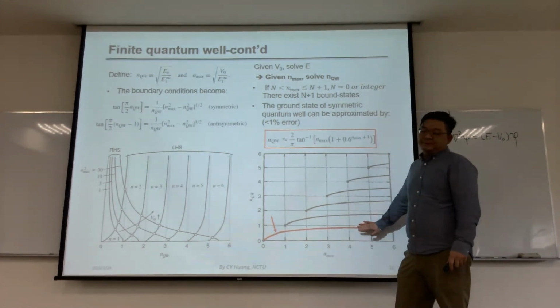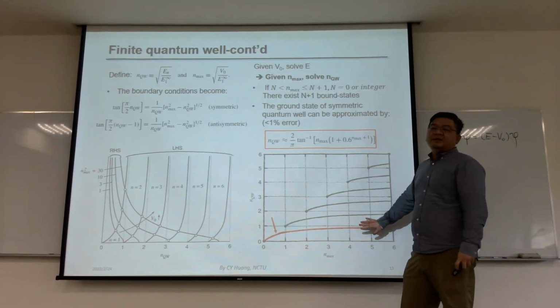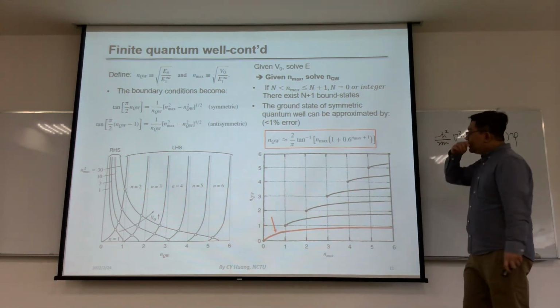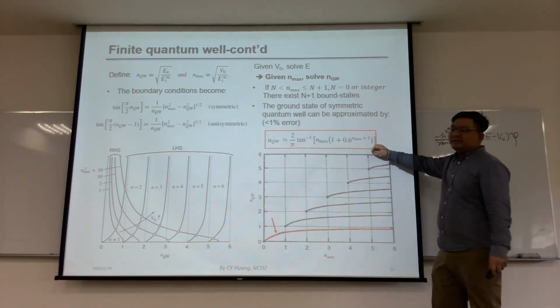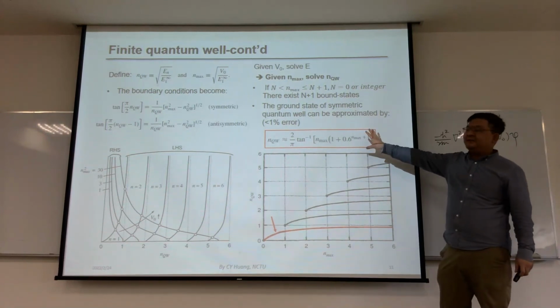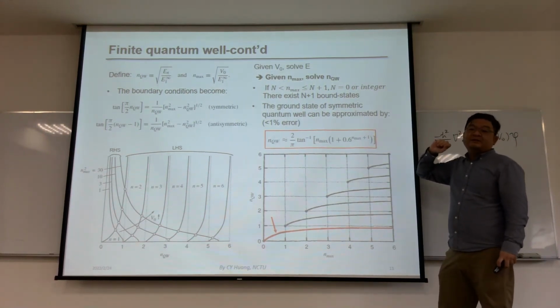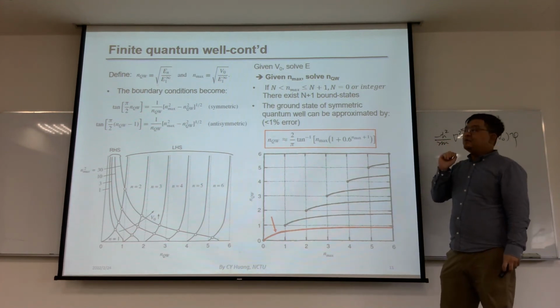Although it's not exact, as long as it is close enough, that will be good. So this equation doesn't sound really basic, but it is very useful to evaluate the ground state energy of a finite quantum well.